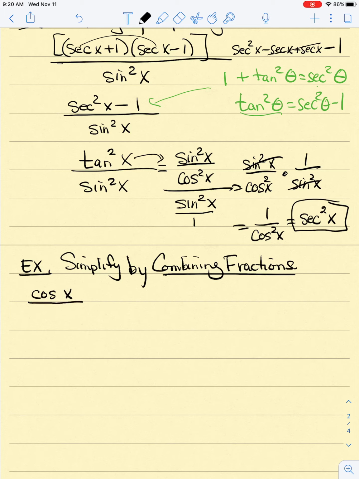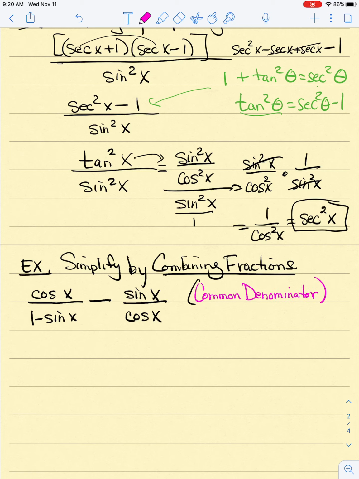Cosine x over 1 minus sine x minus sine x over cosine x. And it says to simplify. Okay? All right, so for this one, the excitement is going to be we need a common denominator.